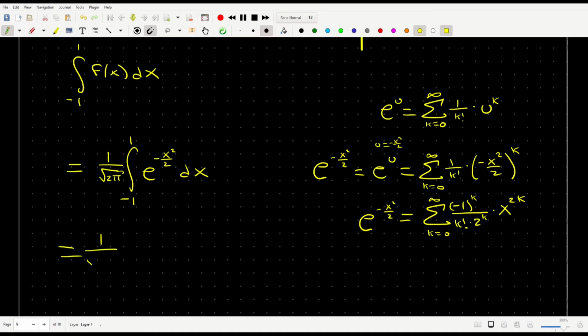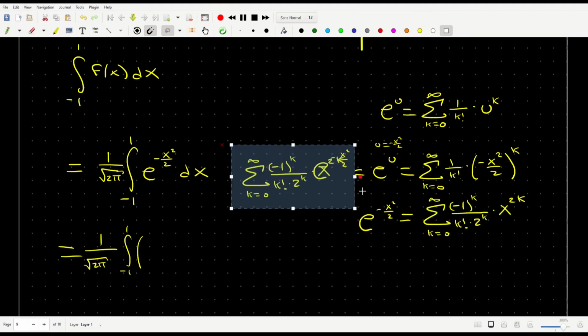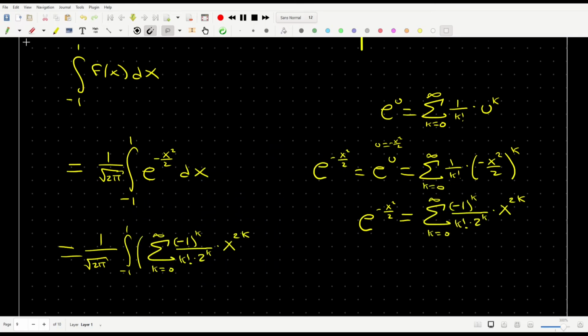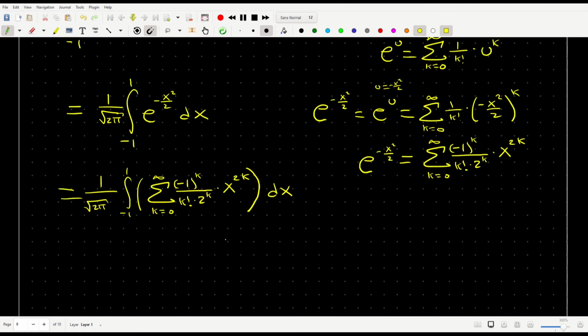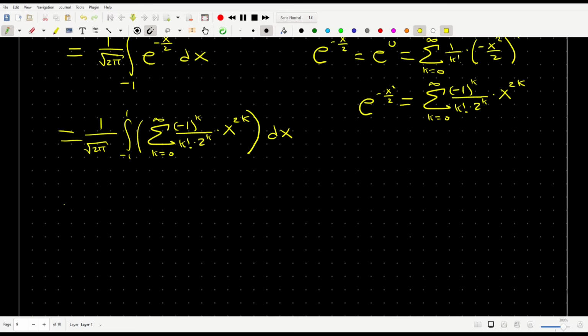It's going to be 1 over the square root of 2 pi times the definite integral from negative 1 to 1 of this infinite series, which we know will definitively be the term-by-term integral of this entire thing.